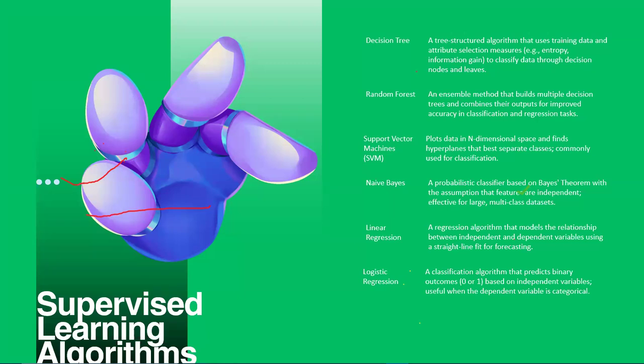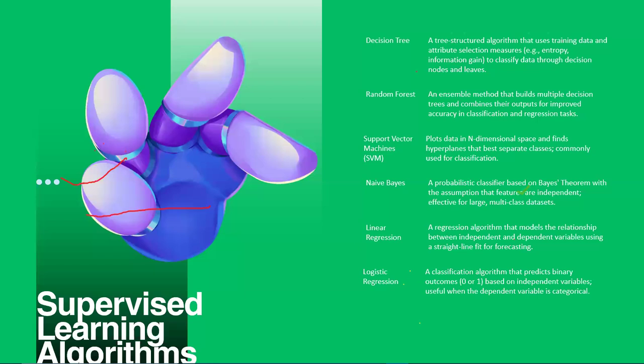Support vector machines plot our data on an n-dimensional space. This n-dimensional space can be two-dimensional, three-dimensional, four-dimensional, and so on. It creates boundaries to separate these classes.